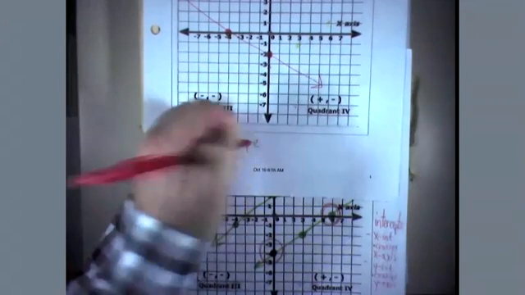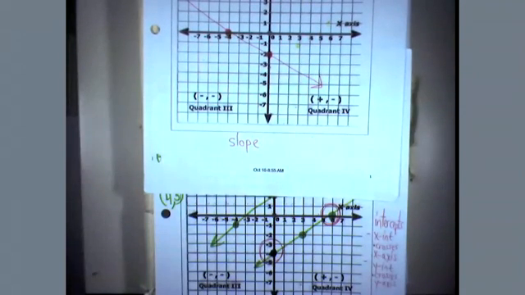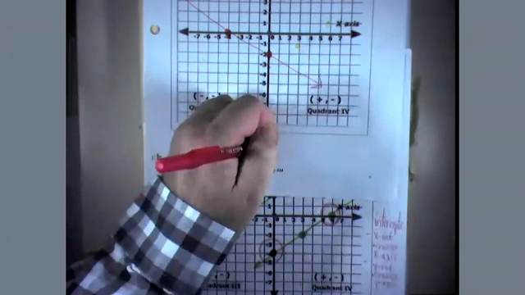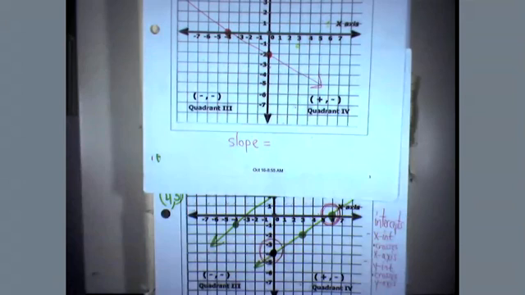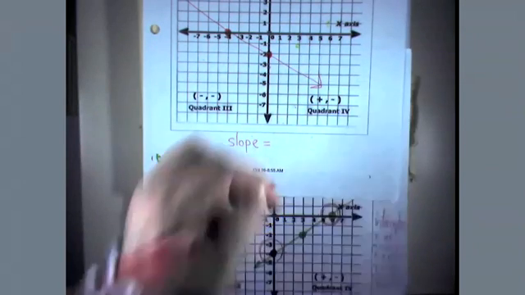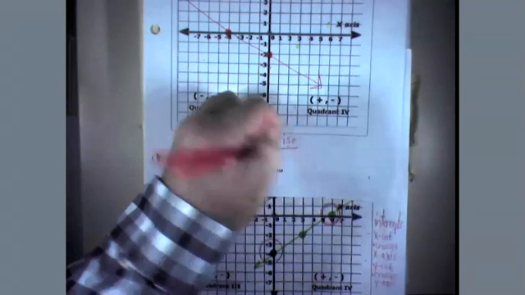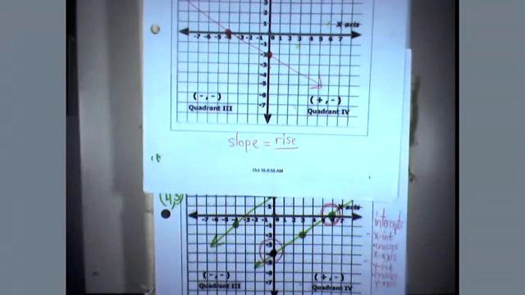One important component that we'll be discussing a lot, starting now as a matter of fact, is something called slope. Slope is a ratio, and a simple definition is how far your line rises over how far it runs over.